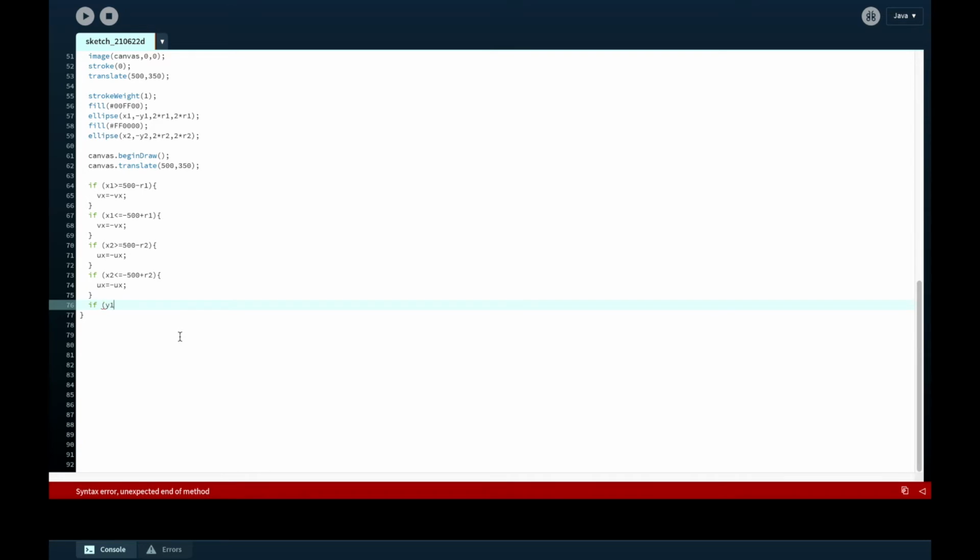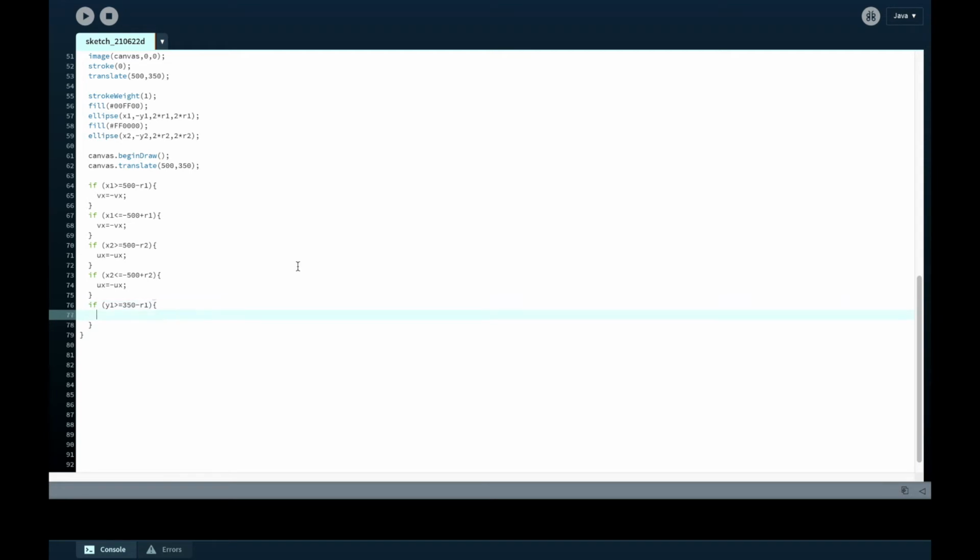We have, if y1 goes through the up wall, the boundary of the up wall is 350 from the center. So if y1 is larger than 350 minus r1, we're going to say that vy becomes minus vy.